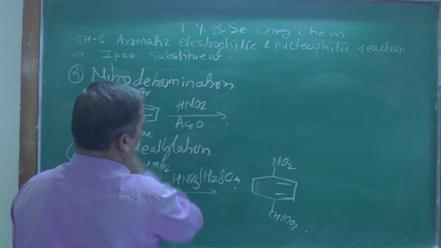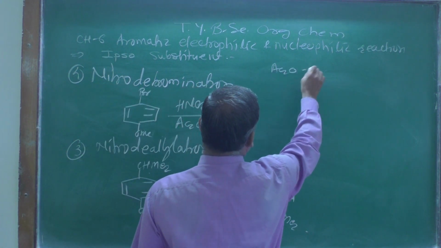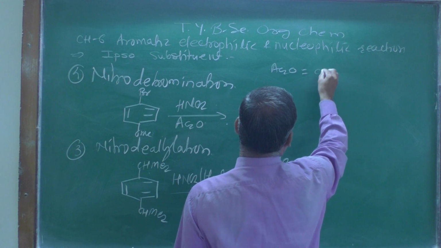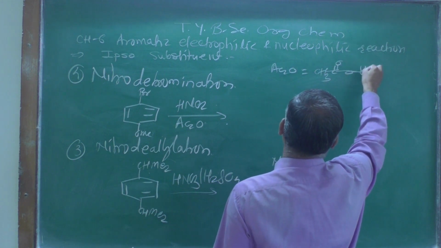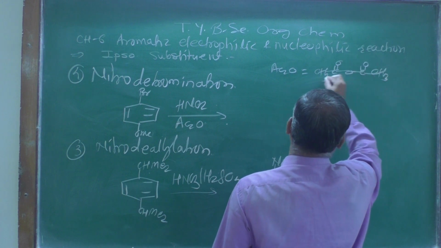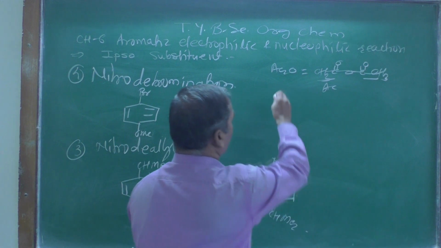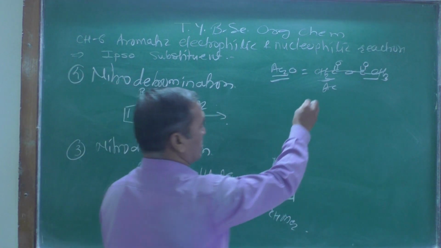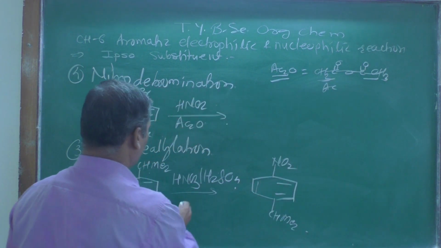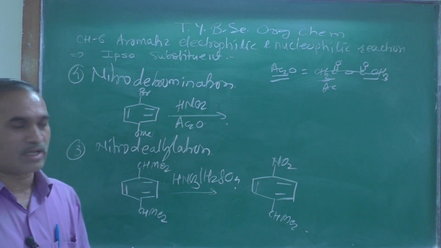acetic anhydride. As we know, Ac2O is nothing but CH3 C double bond O, O, C double bond O, CH3. This group we know as Ac, and with the 2 we can write acetic anhydride. The name of this compound is acetic anhydride.